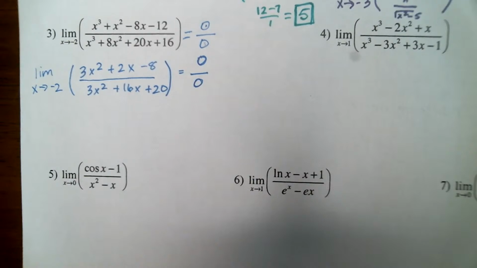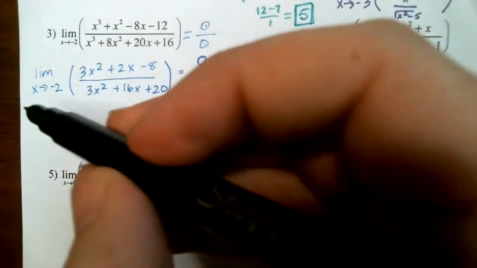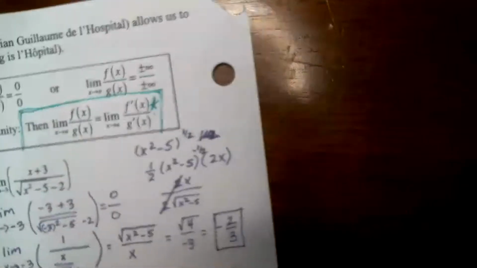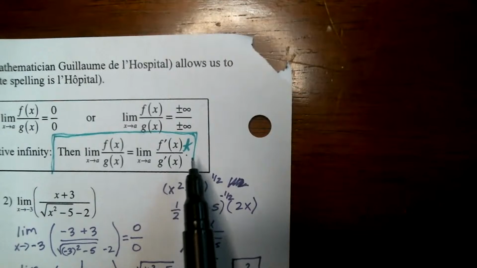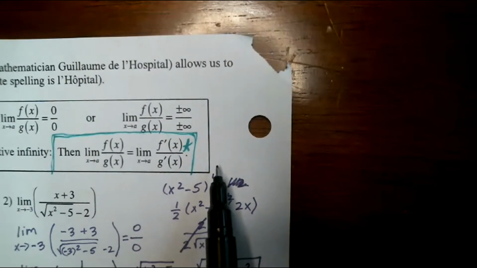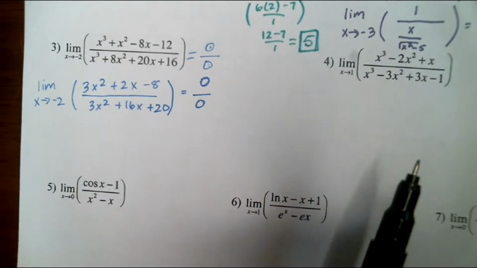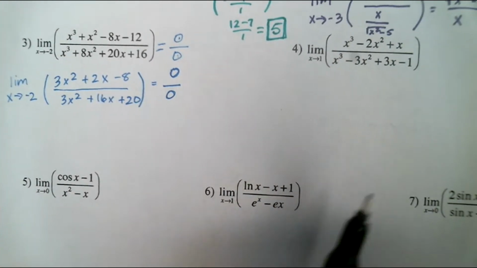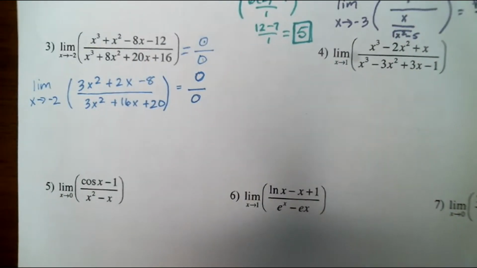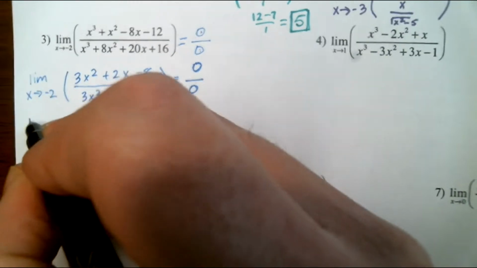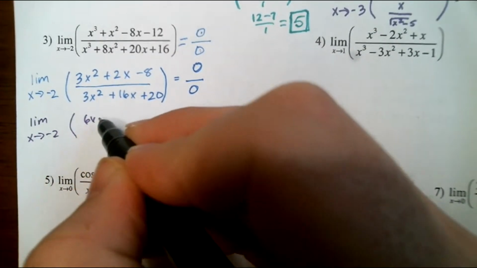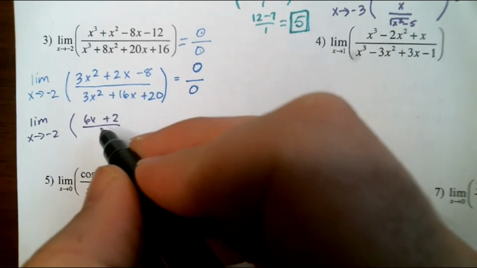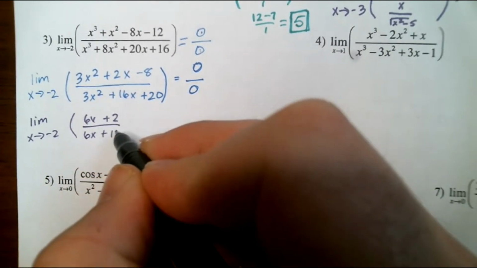Yeah, so good answers there. And what we're actually going to do is take the second derivative of the top and the bottom. So we could really say that L'Hospital's rule extends to f prime of x over g prime of x is also equal to f double prime of x over g double prime of x. So going back here to number 3, the limit as x approaches -2 of 6x plus 2 over 6x plus 16.